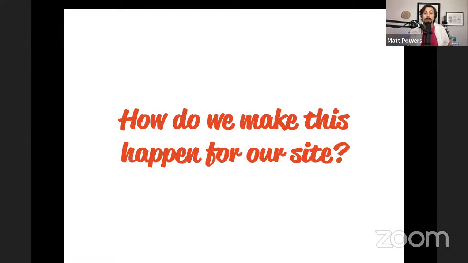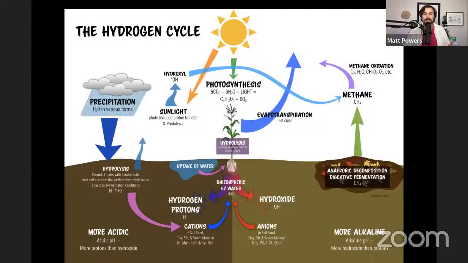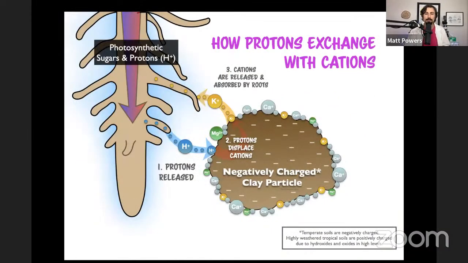So how do we make this happen for our site? How does this all happen? Well, let's talk about how plants actually feed to break all this down. Because when we look a little closer, the hydrogen protons are going out and getting cations in response. The hydroxide's going out and getting anions in response. Well, let's look at that a little bit.